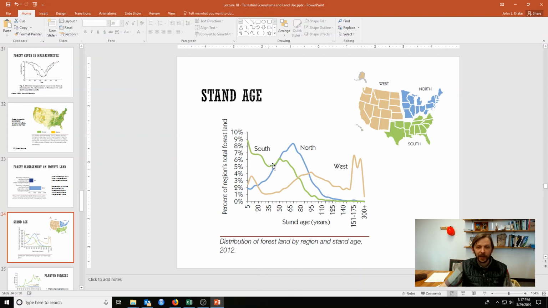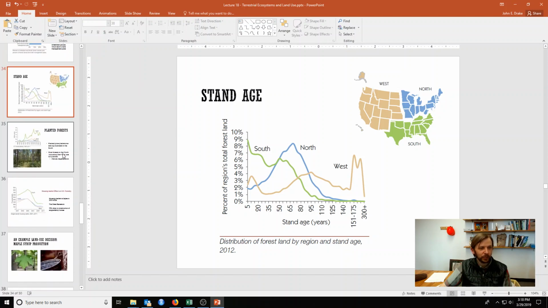In the northeast, a lot of our forests are in the middle age classes, reflecting a broad landscape-scale pulse of deforestation and then afforestation as those forests developed about 60 or 70 years ago on abandoned agricultural land. And out west, it's very bimodal. We have some young forests in active management, this pulse in the middle, and some very old forests that tend not to be managed.